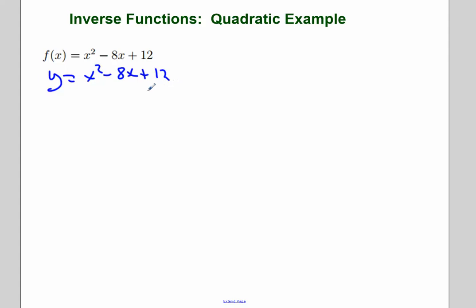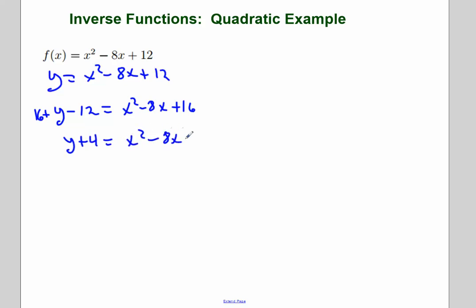But I'm just going to solve this via completing the square. x squared minus 8x. I might as well add in my 16 on both sides. So I have y plus 4 is equal to x squared minus 8x plus 16. That's a perfect square trinomial, that's why I did it.